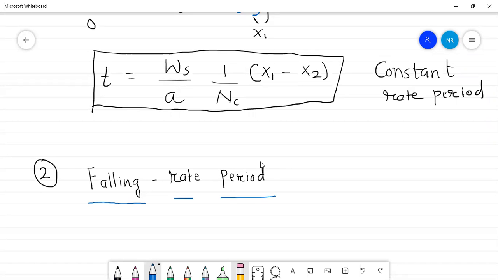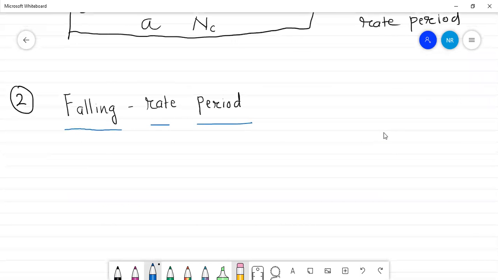In the falling rate period, there are two cases. Let me draw the graph again, and then I will explain what the two cases are.